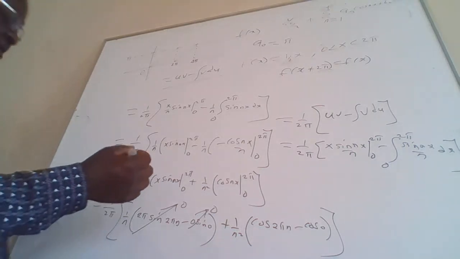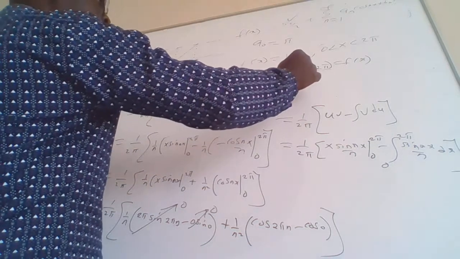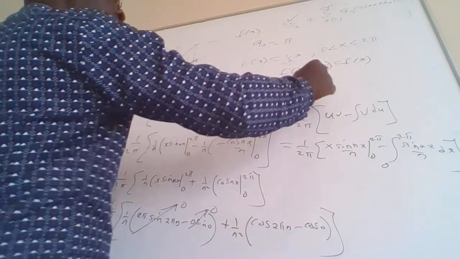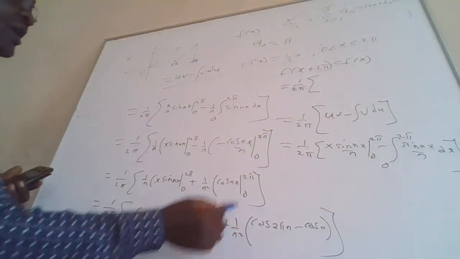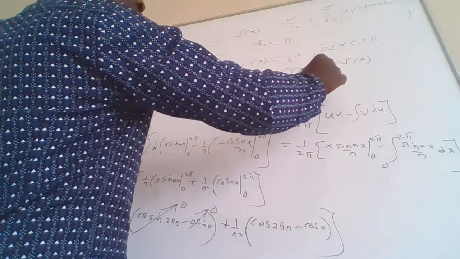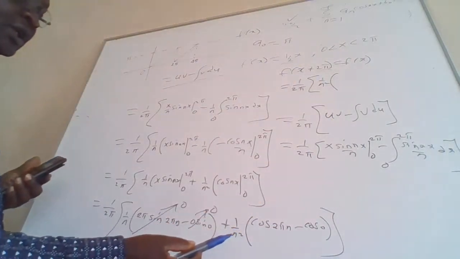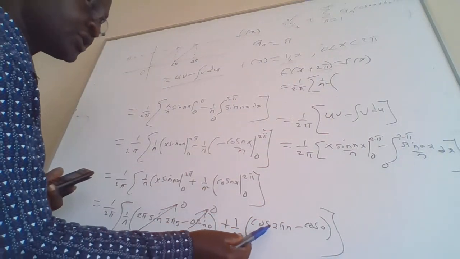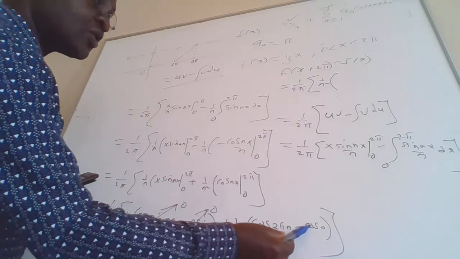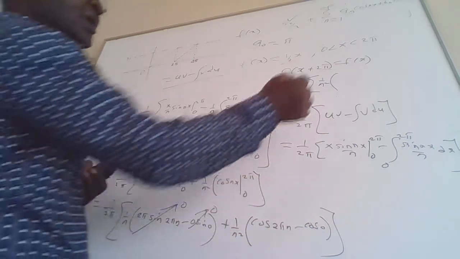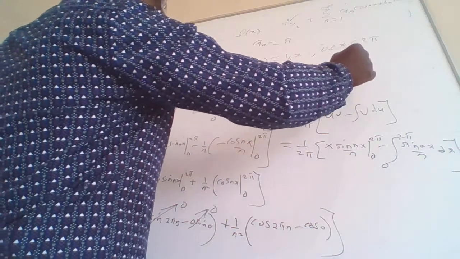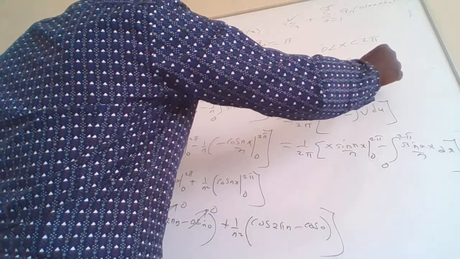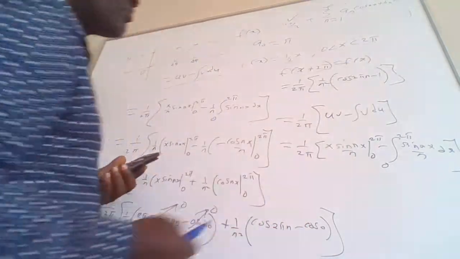So we can rewrite here as 1 over 2 pi into, now here we have 1 over n squared into, now we have cos 2 pi n minus cos 0. Cos 0 is 1, so we have cos 2 pi n minus 1.